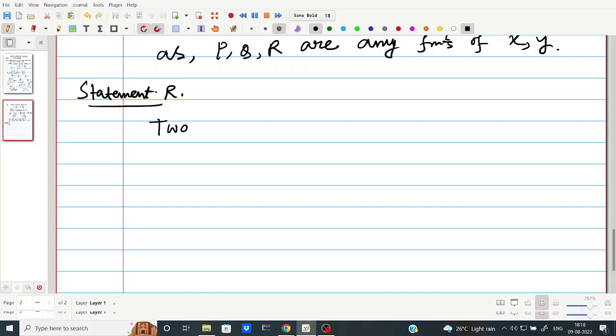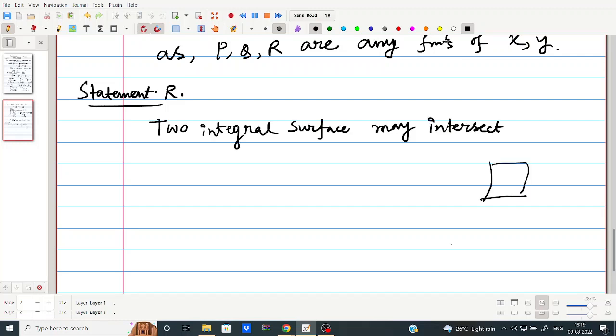Okay, I will give an example. Two integral surfaces may intersect along a surface also. This is a correct statement. I am saying this statement R is false, but this statement, suppose I call it R star, is a true statement.